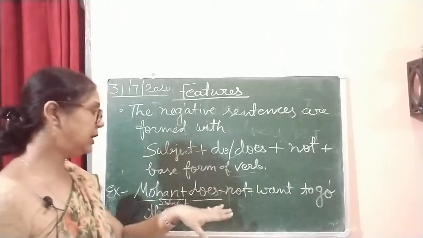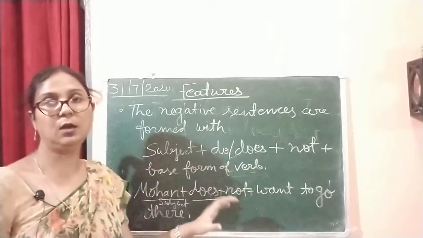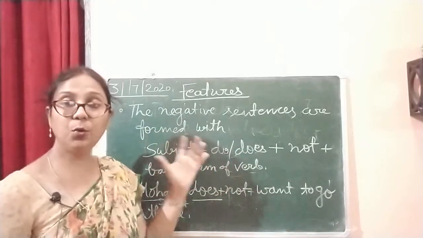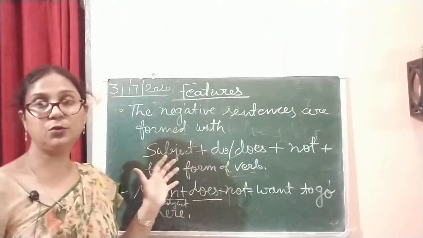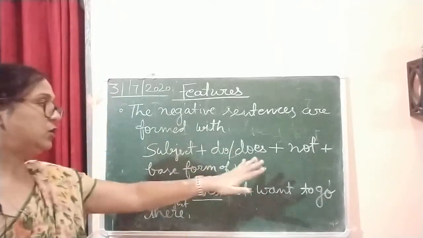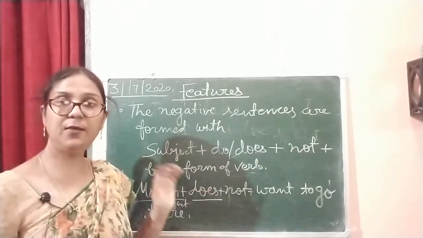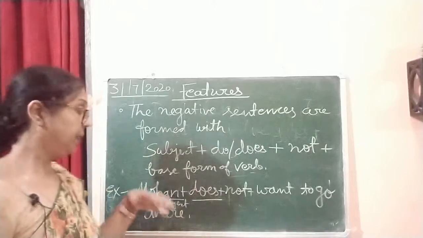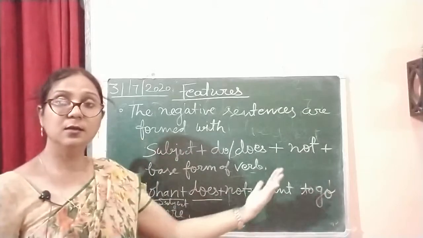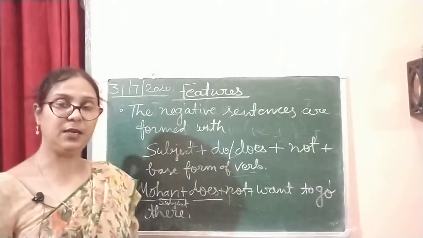If the subject is singular, we use does. If the subject is plural, we use do. After do or does, we write not and then the main verb. This is how we make the negative sentence in simple present tense.